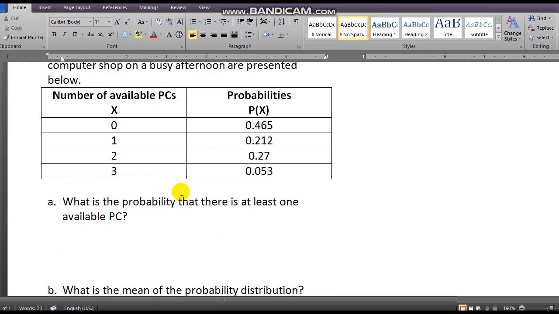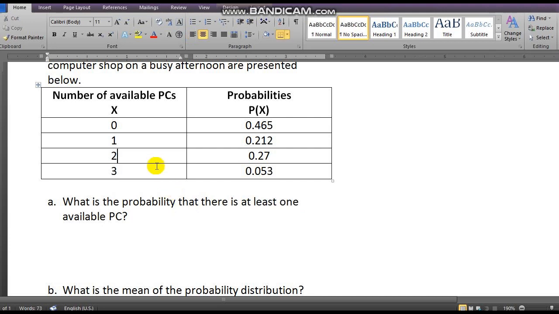So let's start by answering letter A. To determine the probability that there's at least one available PC, we can add these probabilities: there's one available PC, then there's two, and there's three, since it says at least one.